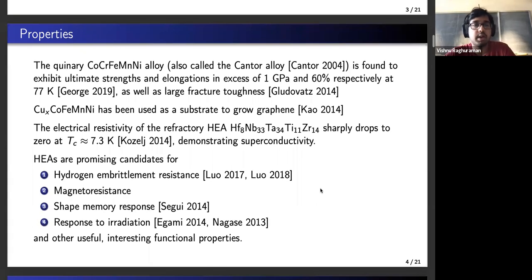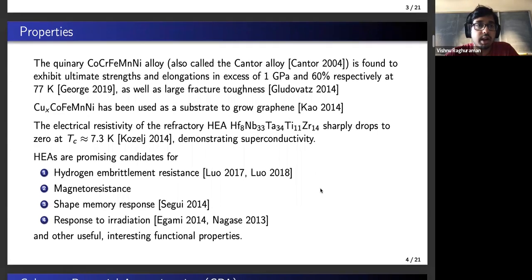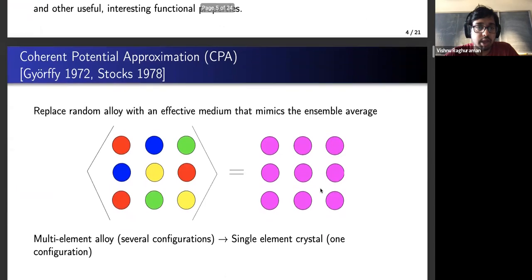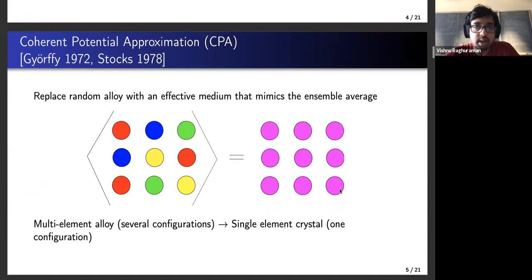So we're trying to do some conductivity calculations on these high entropy alloys, and we're using the CPA technique, which is essentially replacing your alloy, which consists of multiple elements and has various different configurations, with an effective medium which behaves like your ensemble average.